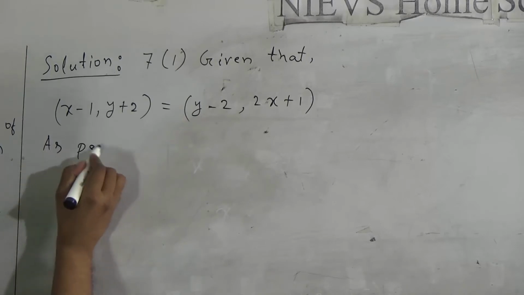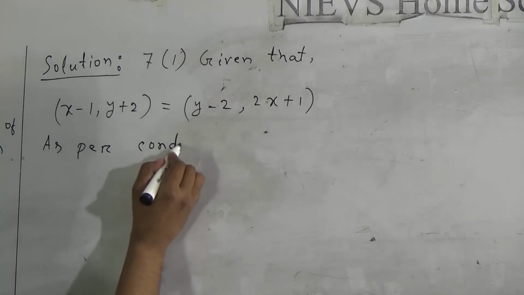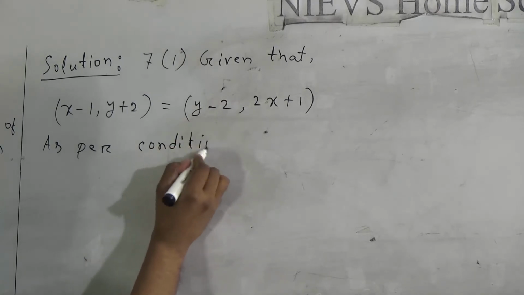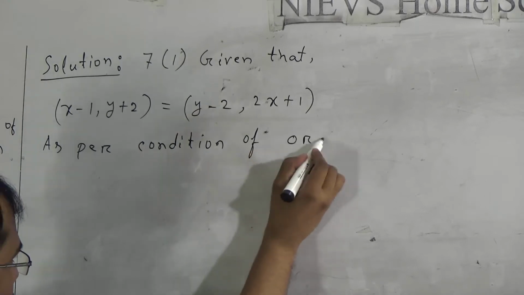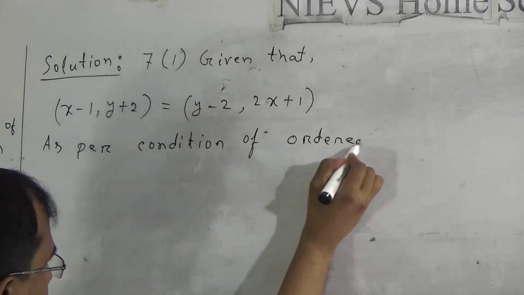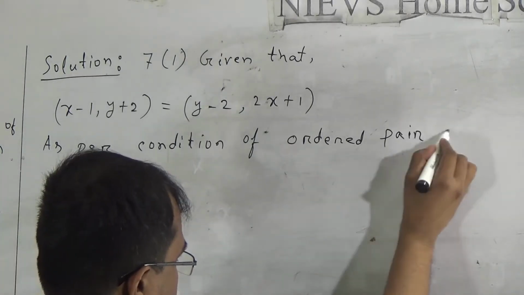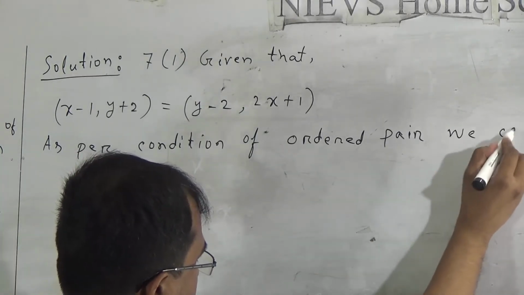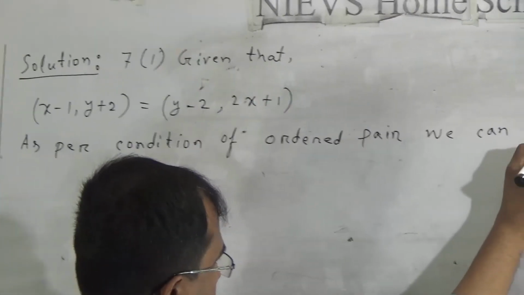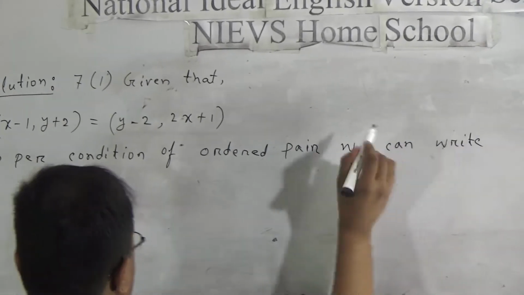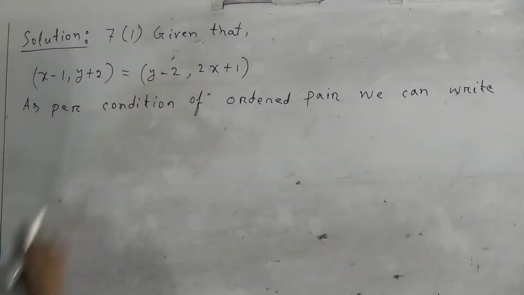As per the conditions of ordered pair, we can write: the first element of this ordered pair is equal to the first element of this ordered pair.